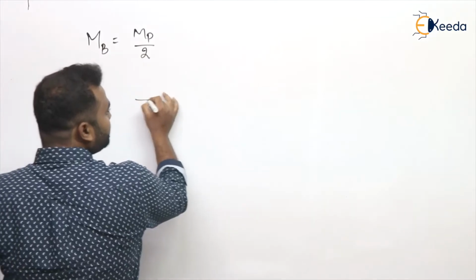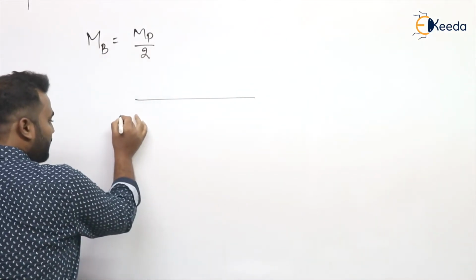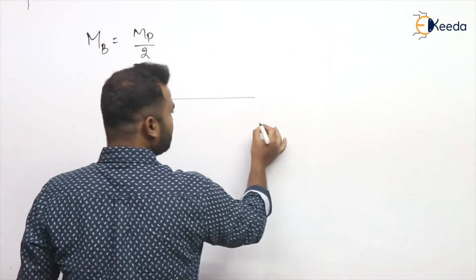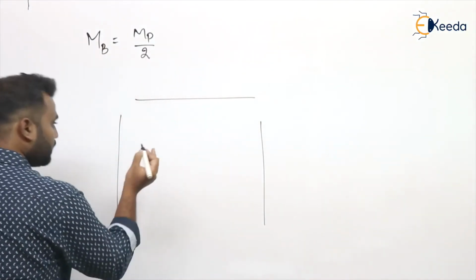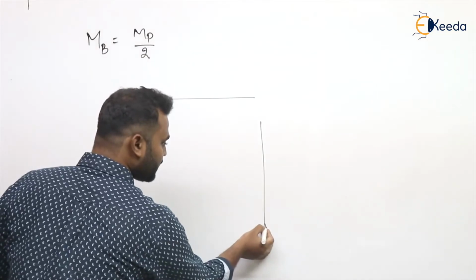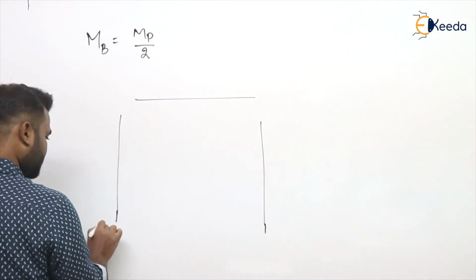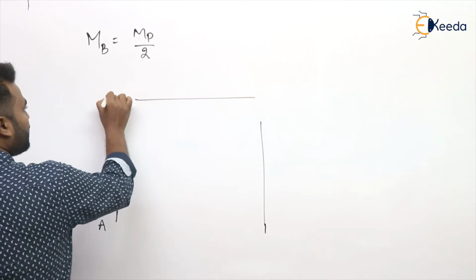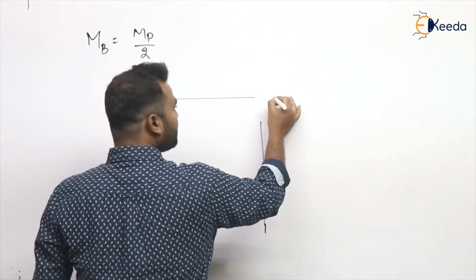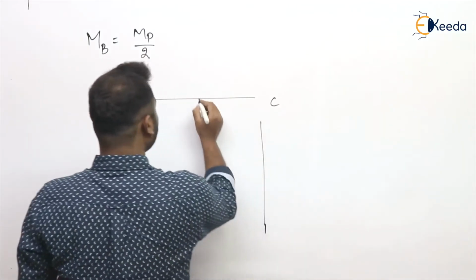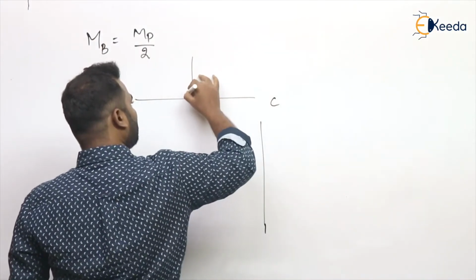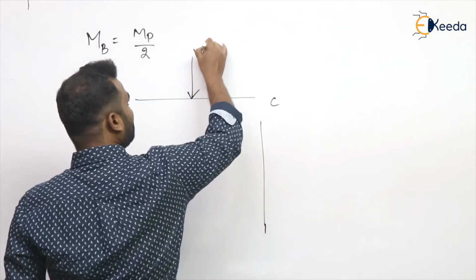First here I'm representing the moments and loading conditions for the given frame. So this is the joint A, and this is the joint B, and this is the joint C, where the externally acting load W is there.